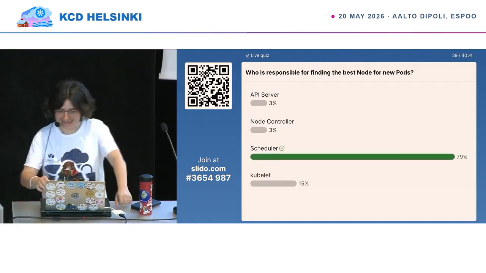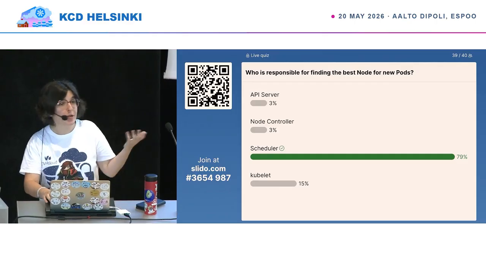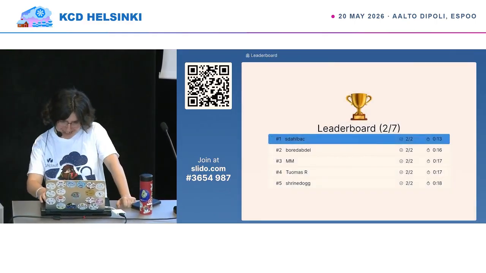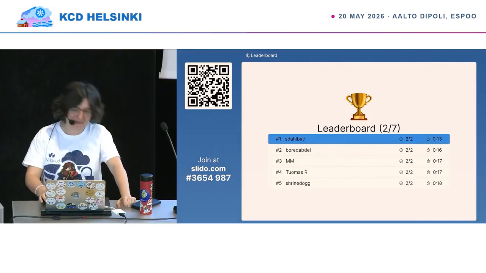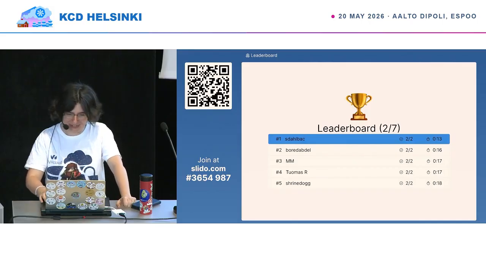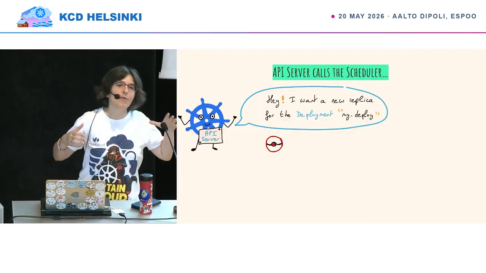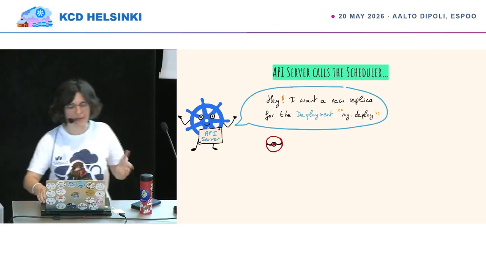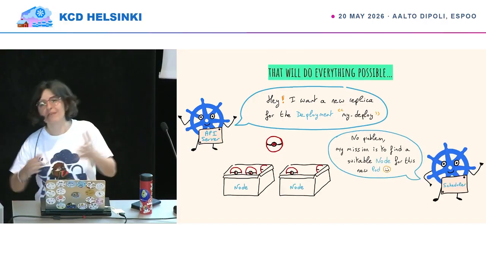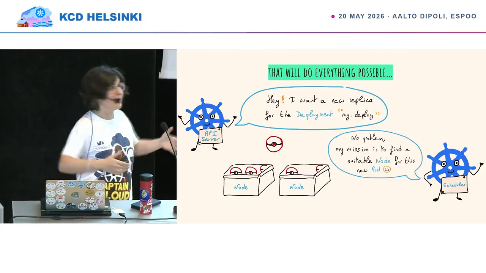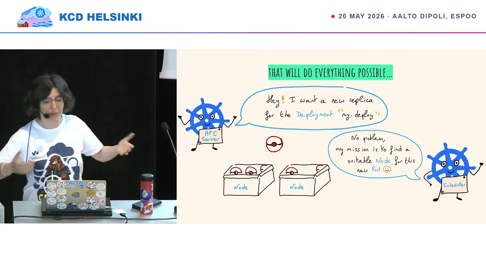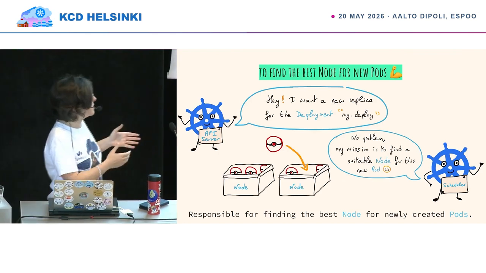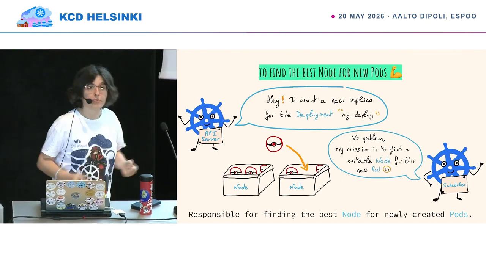You're right. It's not the kubelet. So when we ask Kubernetes to create a new pod, the API server calls the scheduler that will do its best to find a suitable node. When it finds one, the pod is scheduled on a node.